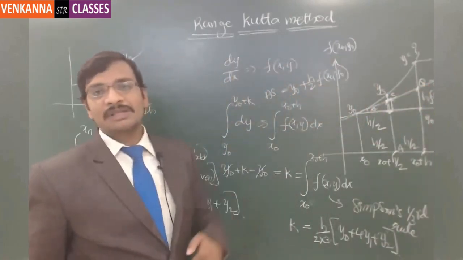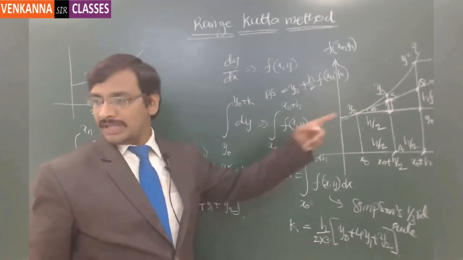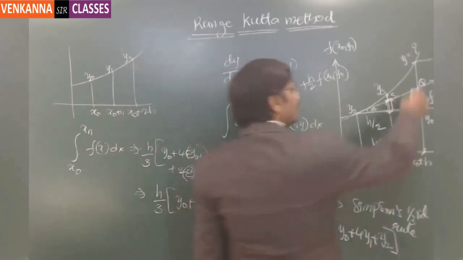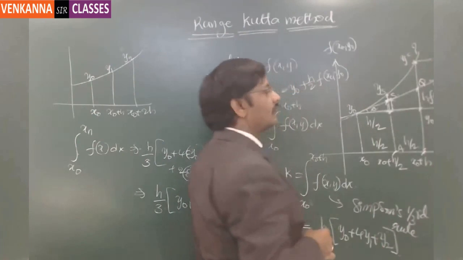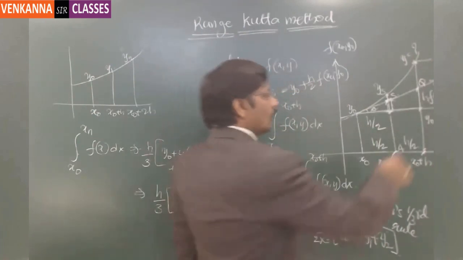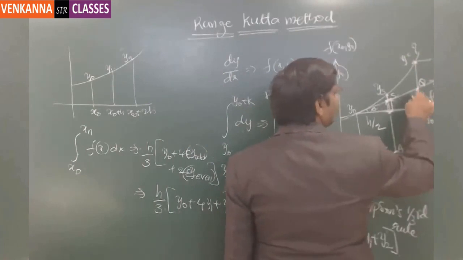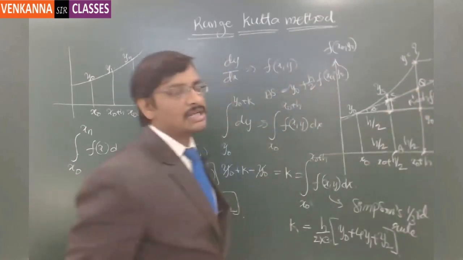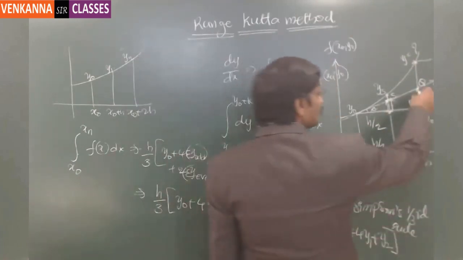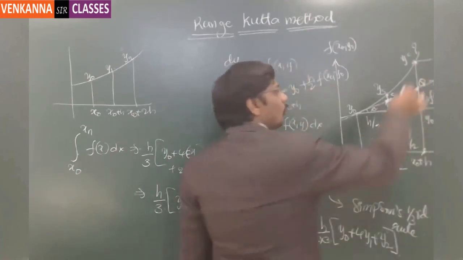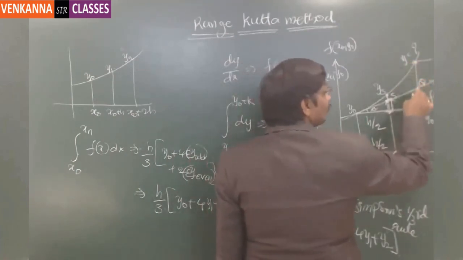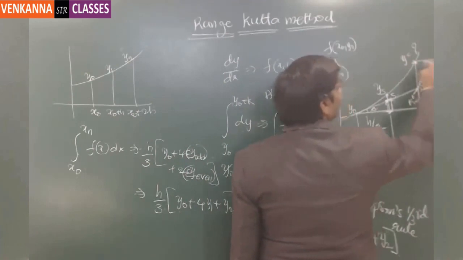Now in Range's method there is a little improvement over this calculation. Ideally we wanted to find out this value. For that, once you find this value, we call this k dash, and this k dash value we will be making use of in identifying the slope of this particular function at this location as if like in this particular format.